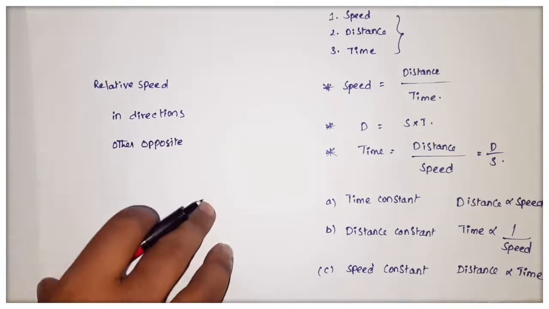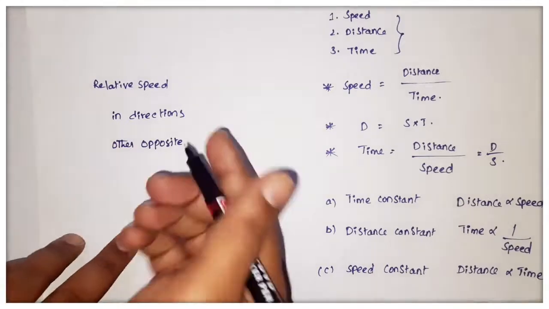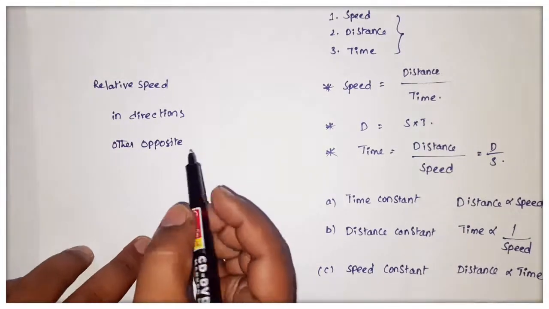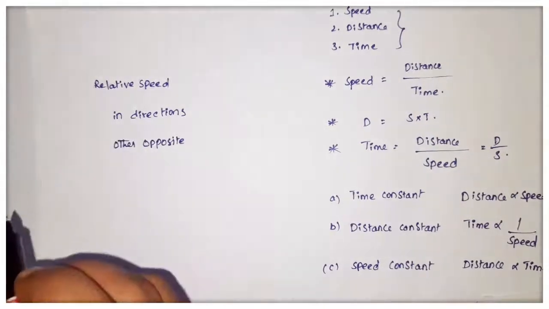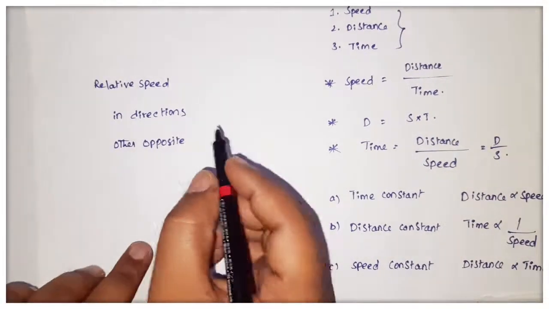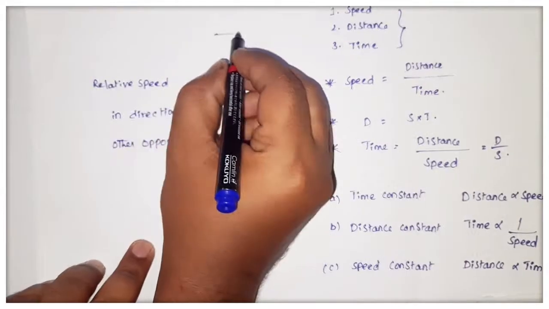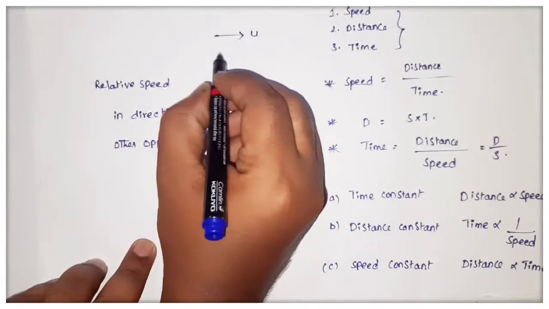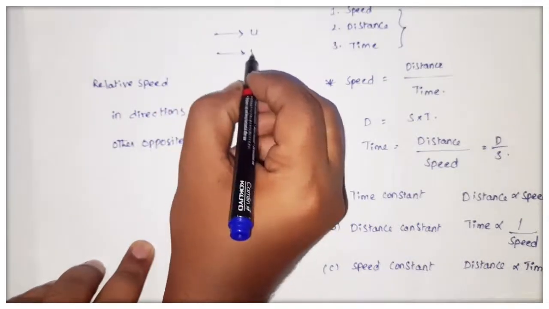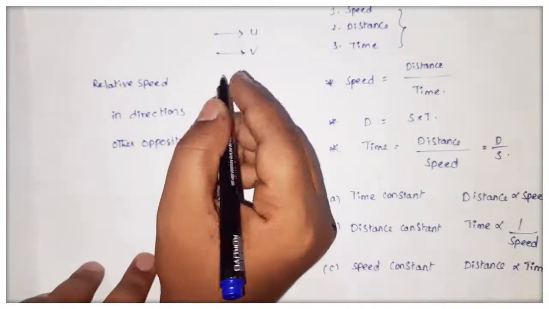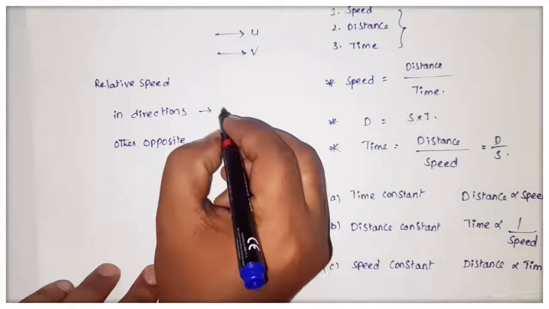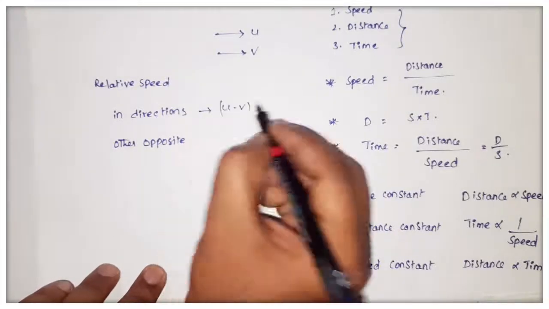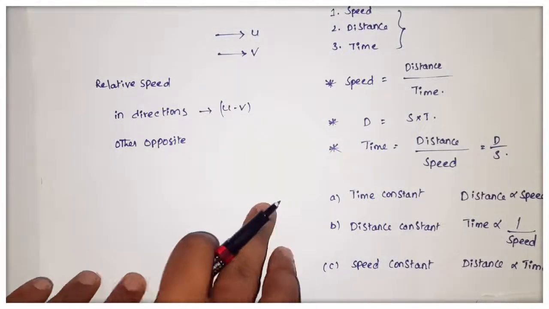When objects are moving in the same direction, the relative speed is the difference between those two speeds. Let us say one object is moving with the speed u and another object is moving with the speed v, then the relative speed between these two is u minus v when they are moving in the same direction.